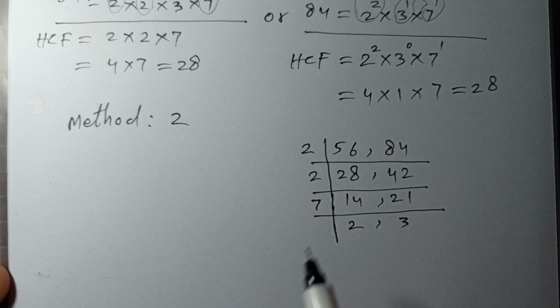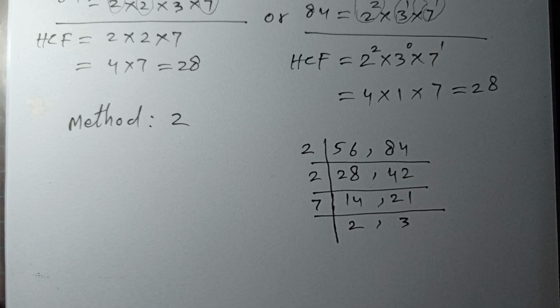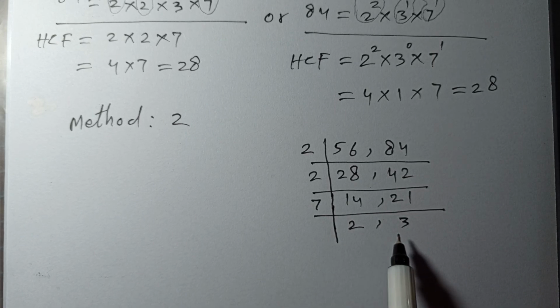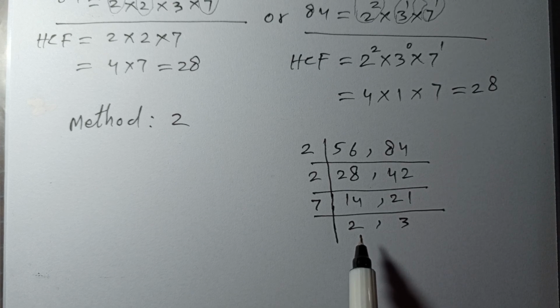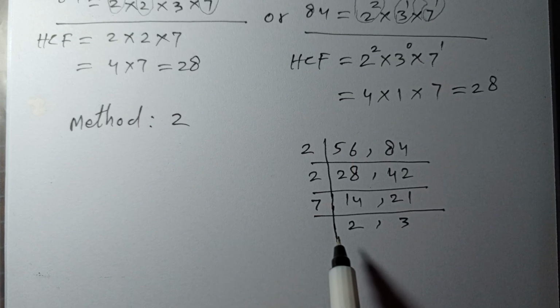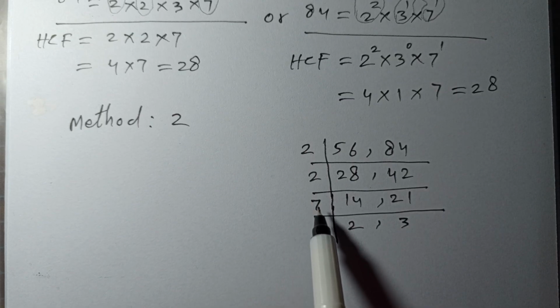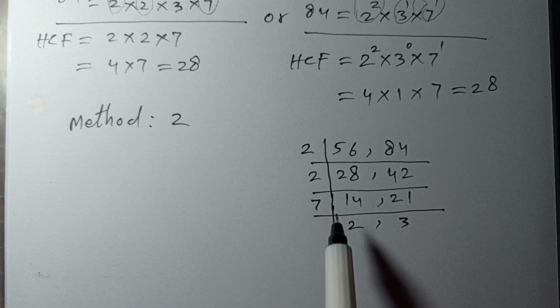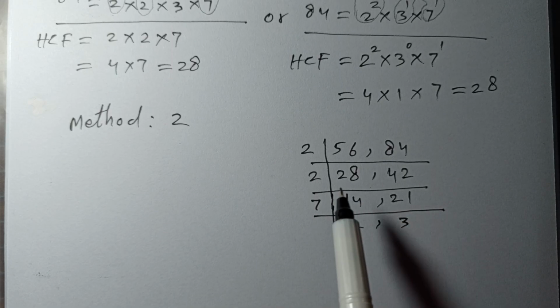Now I am going to find the HCF. This way you will stop dividing when the numbers are different and a single prime number can't divide both. So we will stop here, and these are our common prime numbers that have divided these two numbers.